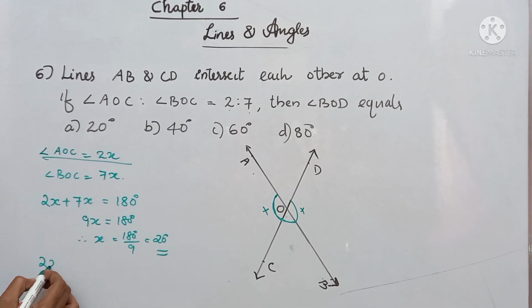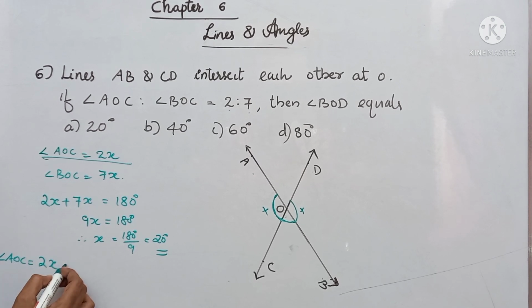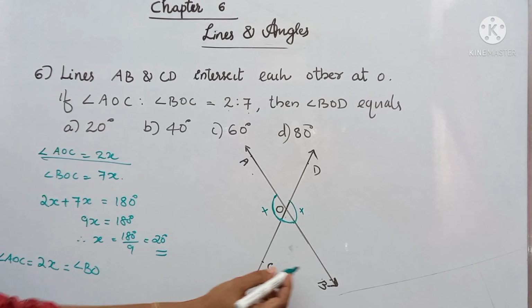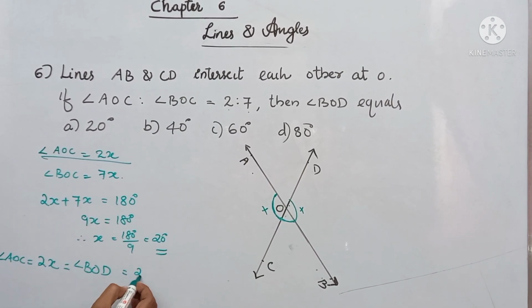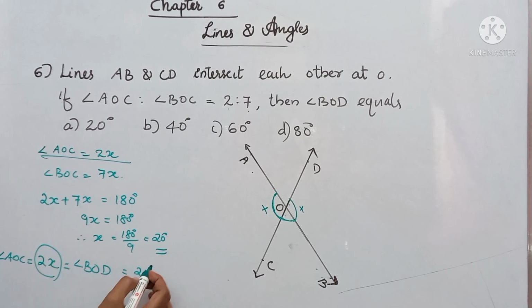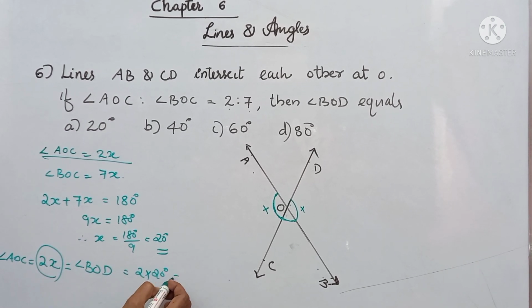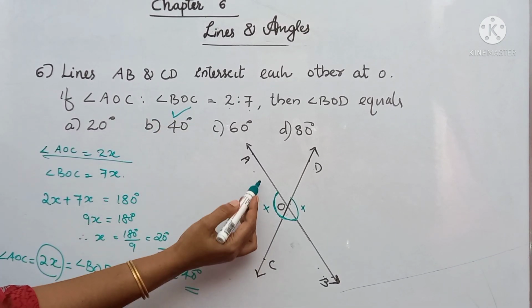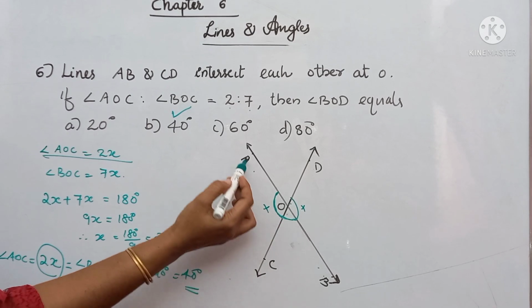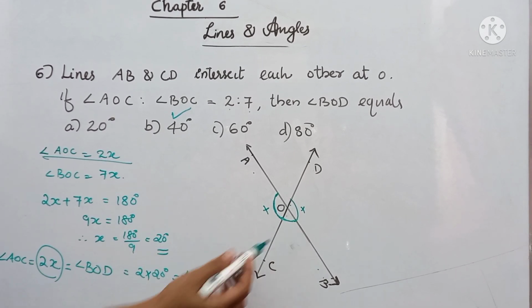So angle AOC is equal to 2x, that is equal to angle BOD, that is equal to 2 into 20 degree, which is equal to 40 degree. So we are getting angle BOD is equal to 40 degree, that is the vertically opposite angle of AOC.